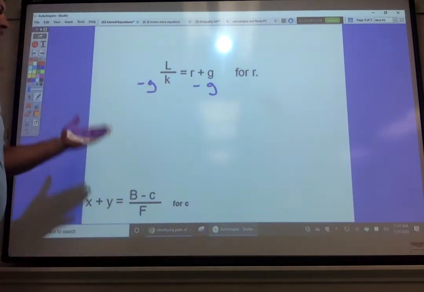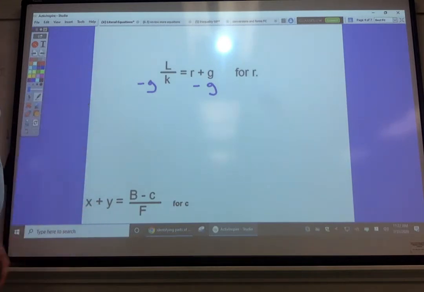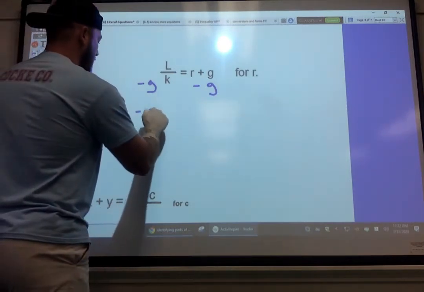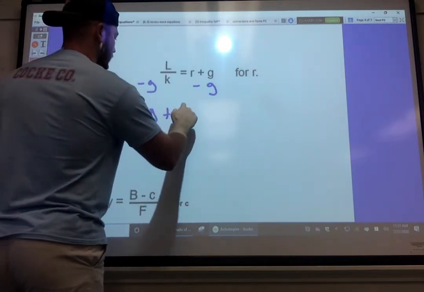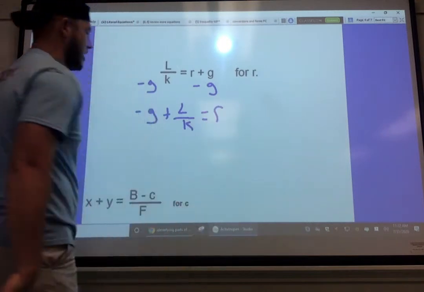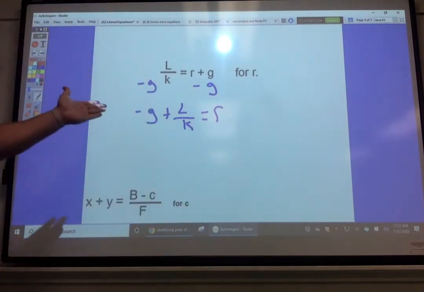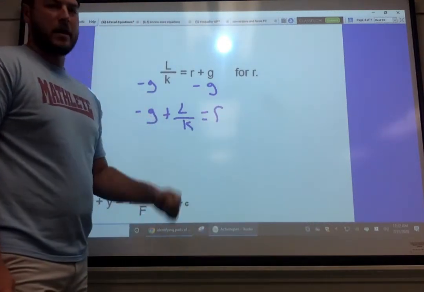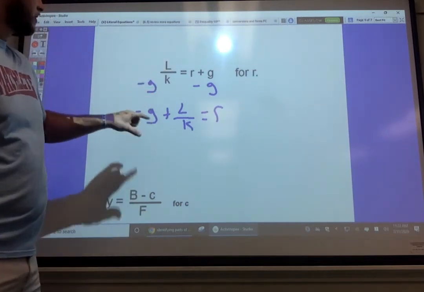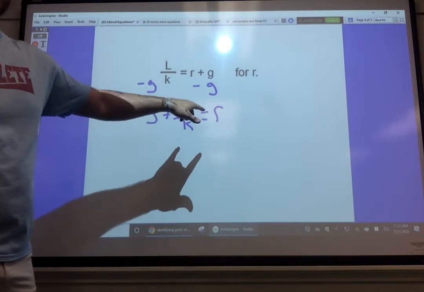So I'm going to rewrite that. I'm going to keep the R on the right side just so you guys can see it. But here's an option. R is now by itself. Negative G plus L over K equals R. We didn't have to do any multiplication or division here, right? So this is one way to write the answer.